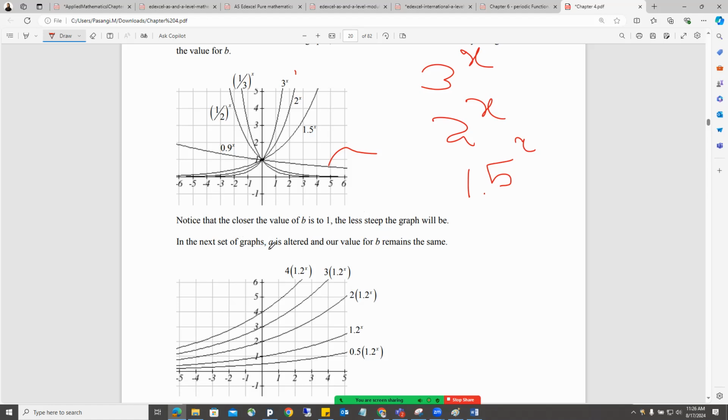In the next set of graphs, a is altered. So here we altered only the value b.